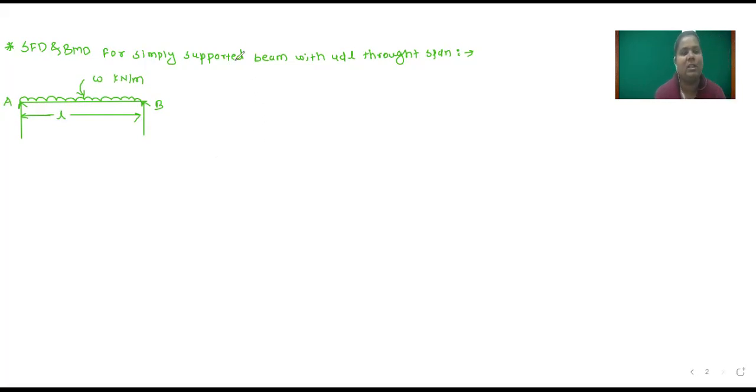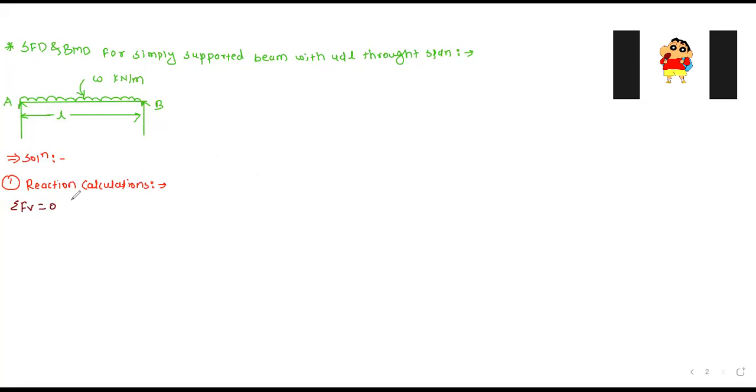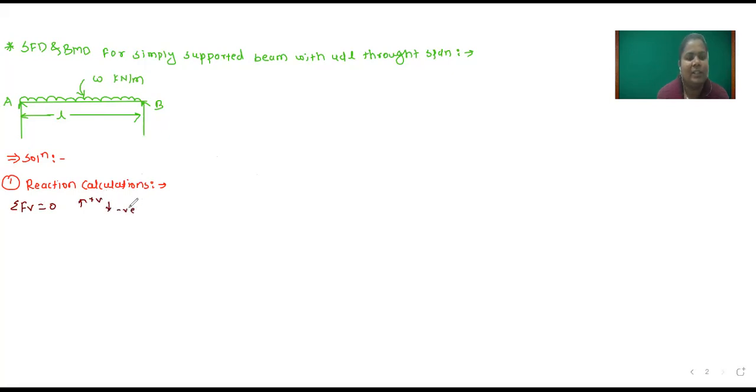Whenever we start solving a problem, our step number one is reaction calculation. So first we have to calculate reactions. While calculating reactions, first we take summation of vertical forces equal to 0, and while adding vertical forces, upward force is positive and downward force we consider negative.